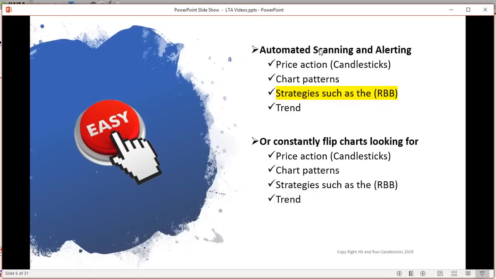What we're going to be looking at is something we call LTA for short, live trading alerts. We've accomplished automating price action. We've accomplished candlesticks. We've accomplished chart patterns. We've accomplished strategies such as the RBB. We've accomplished trend.